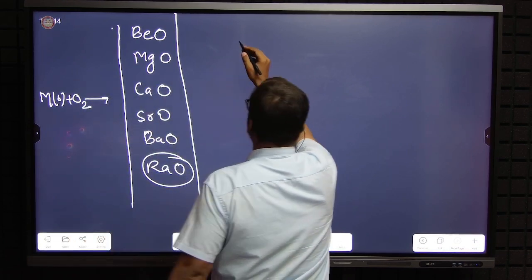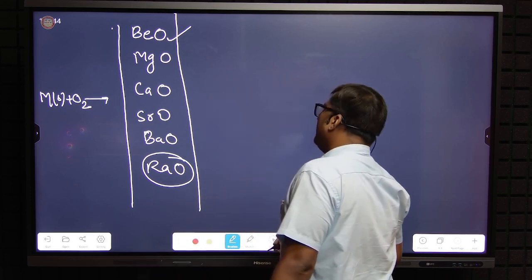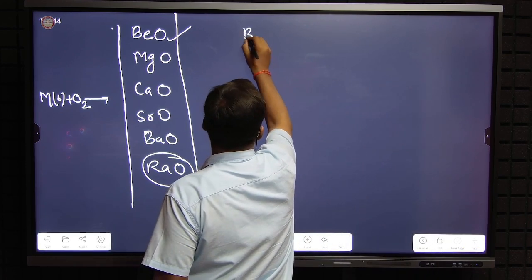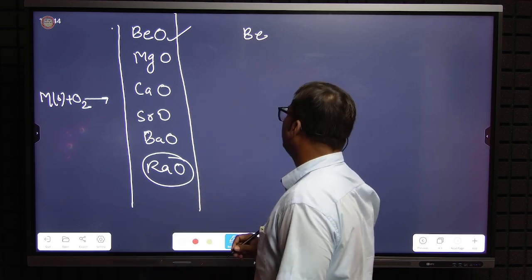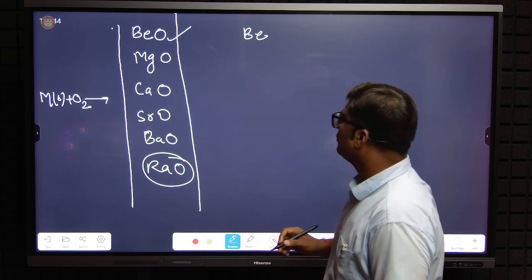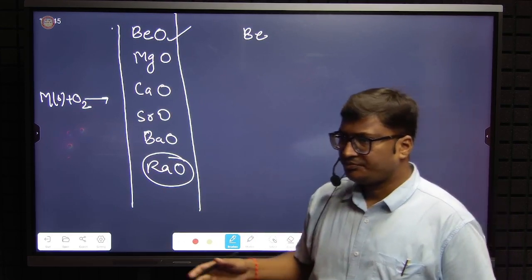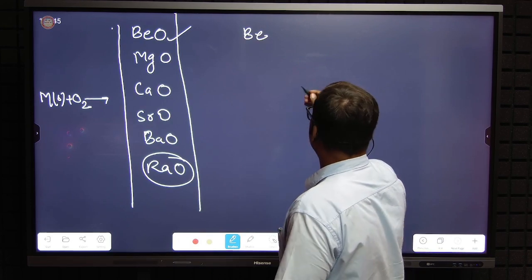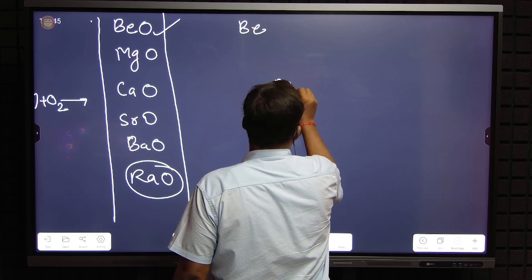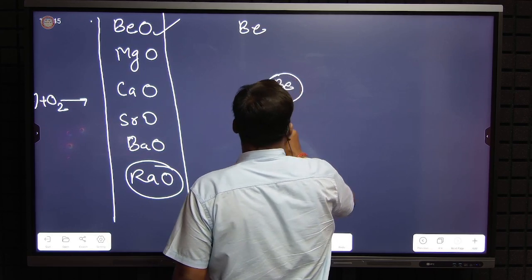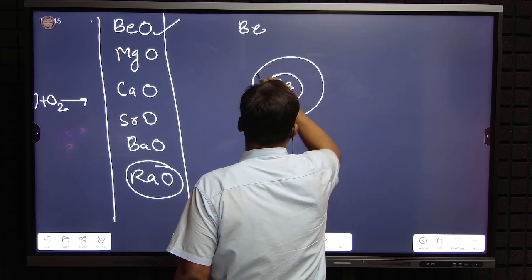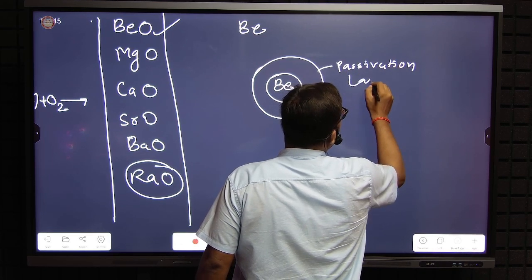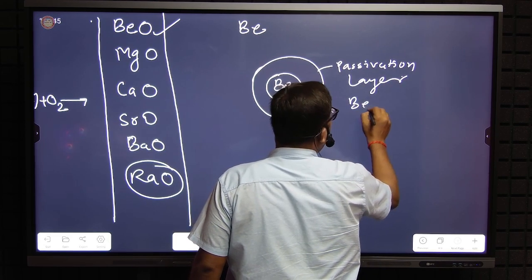So, beryllium oxide, right? Beryllium, because of the small size and high charge density, is highly prone to oxygen. So this is your beryllium metal, and a layer of, this is called passivation layer, that is beryllium oxide.